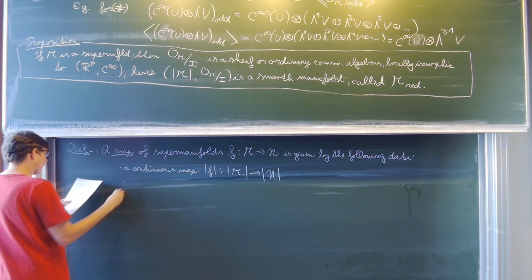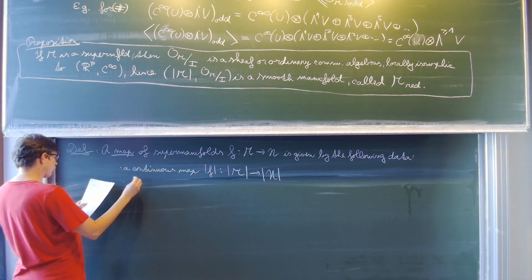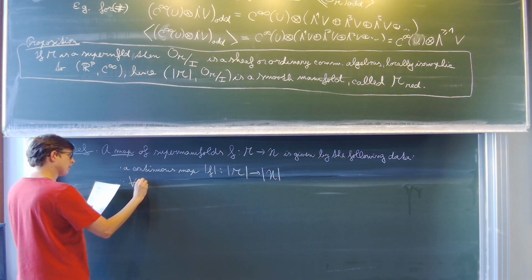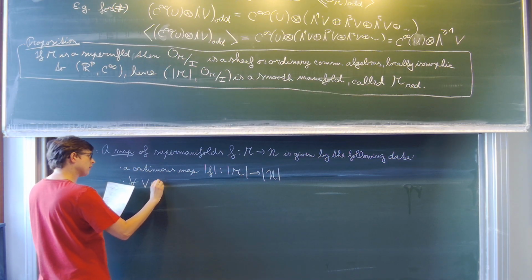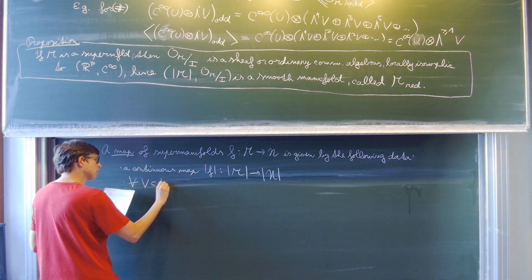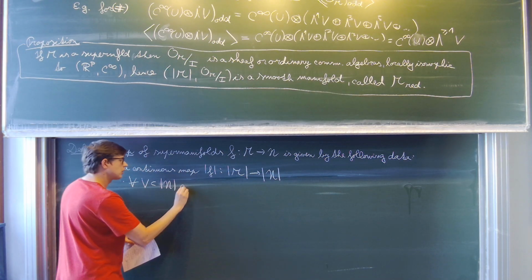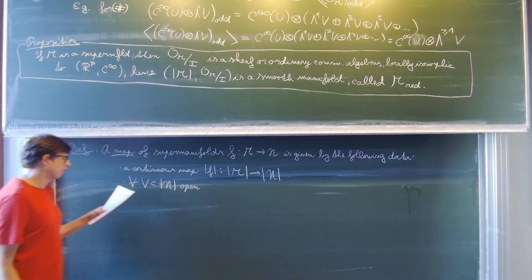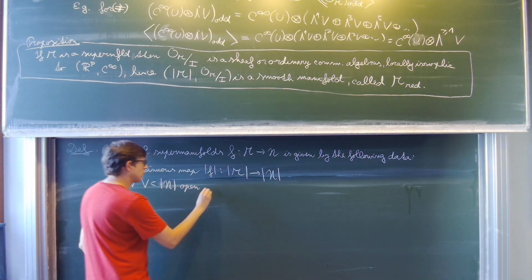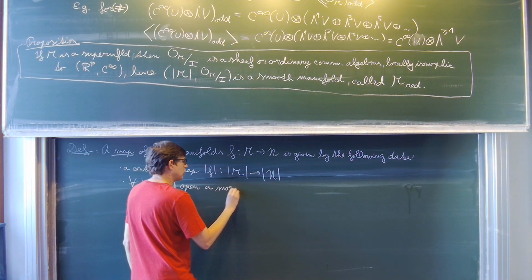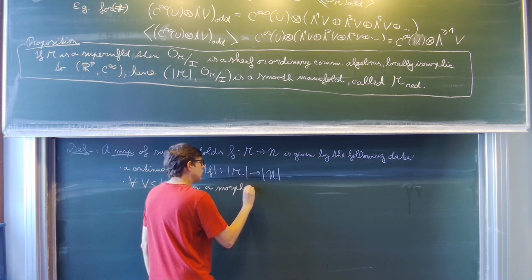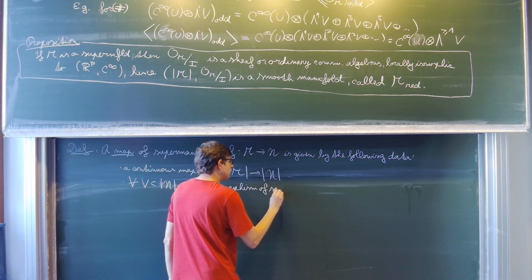And the second part is that you have to give some sheafy information, and that sheafy information is the following. For all open subsets of N, we want to have a morphism of superalgebras.